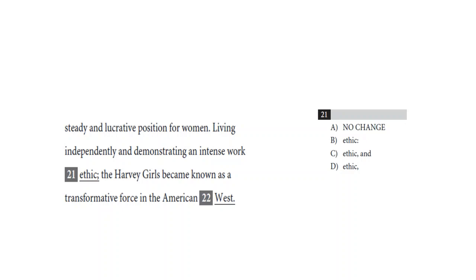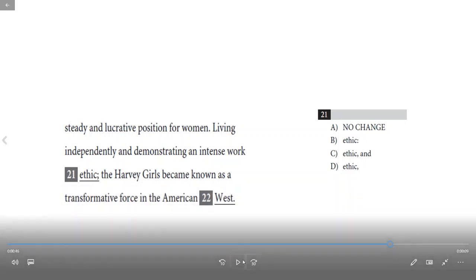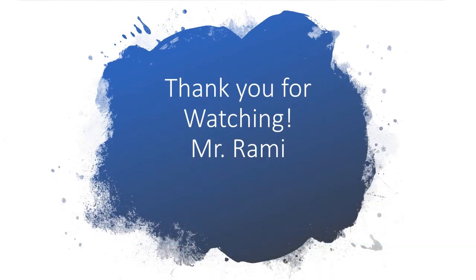But the problem is that we don't have a comma. We have a semicolon. So the problem here in this modifier is the punctuation. After the word ethic, we must use a comma, nothing else. But here the writer used a semicolon. He has made a mistake. So in the options, what do you think is the best answer to this question? So guys, I will leave this question for you to answer, and you tell me your choices.